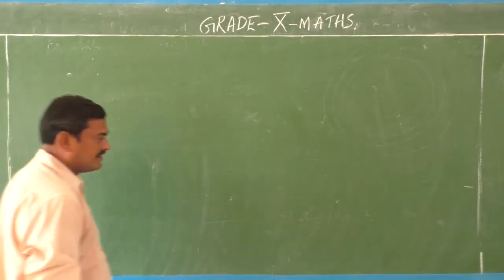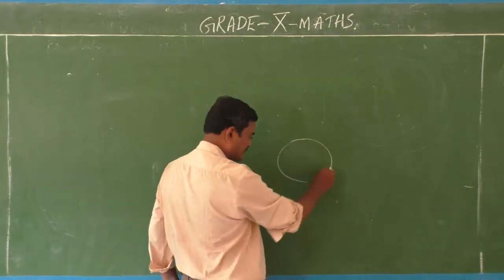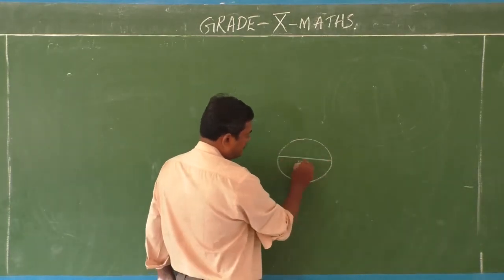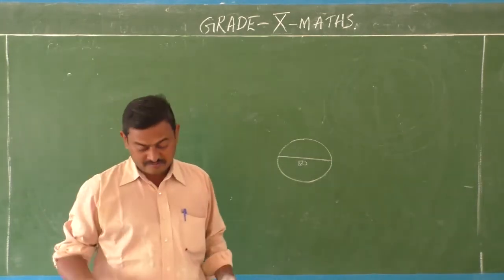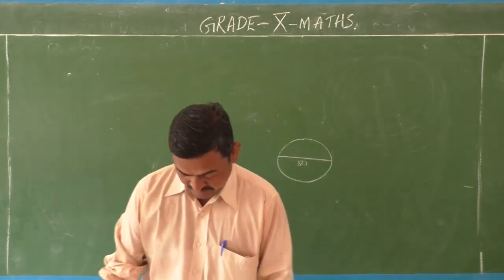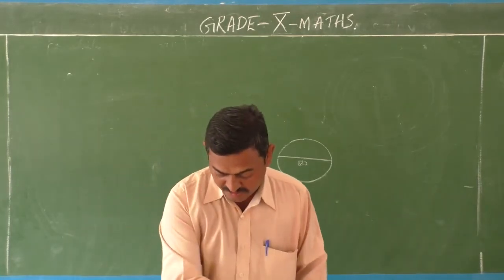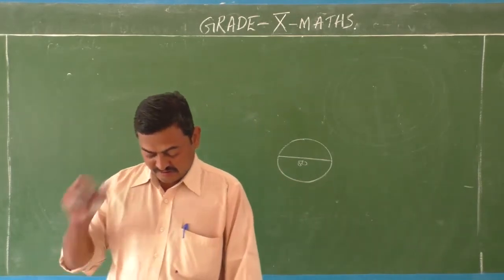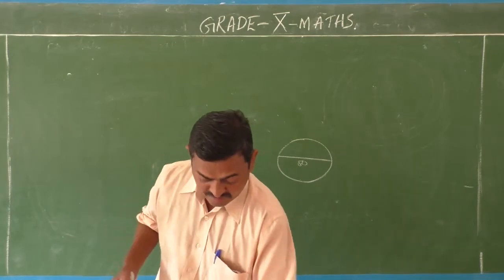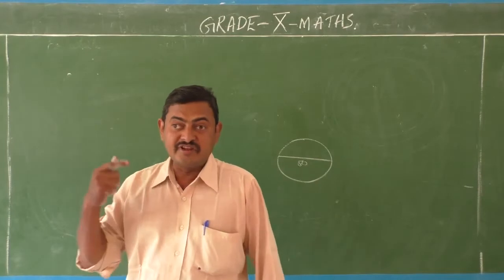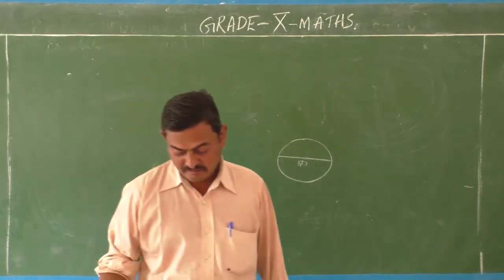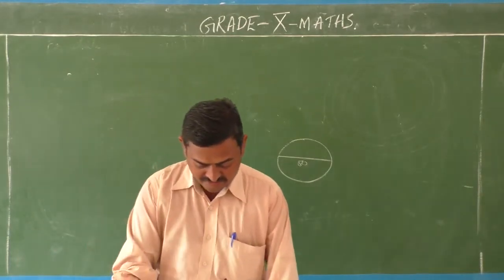So a wheel is there, the diameter is 80 centimeter. That wheel is moving at 66 km per hour. So what is our question here? For the number of revolutions in 10 minutes they are asking.